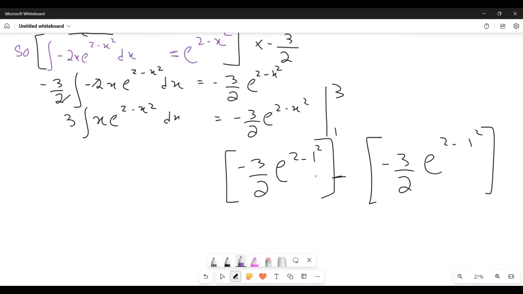First we have to substitute 3, so here it should be 3 squared. 4.07, sorry, 4.07. Yes, that's correct. 4.07 or 4.08 is the answer with me.